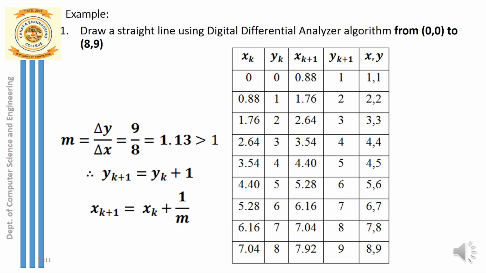So we have a line segment whose starting point is the origin, that is 0, 0, and the other end point is 8, 9. We are supposed to draw a line segment there. So we know x0, y0, and the other end point, let's take it as x max, y max. Right.